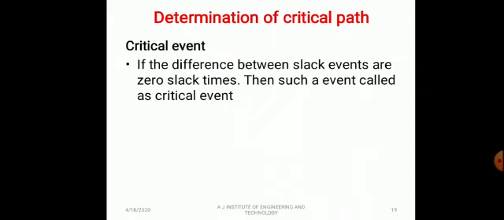A critical event is an event where no slack time is available. If slack time at a node is 0, in other words, the event is said to be critical. Earliest starting time and latest finishing time are both equal at that node. It is called a critical event.